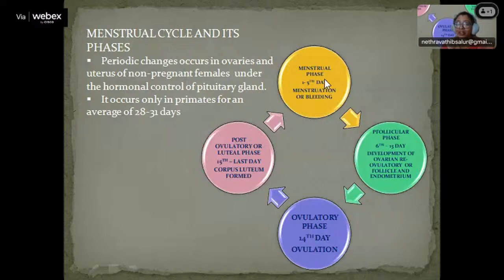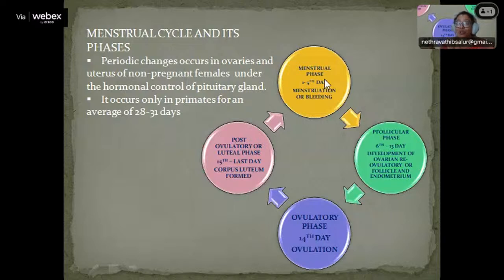Now, very important for the exam, the phases of the menstrual cycle. There are 4 phases of the menstrual cycle, that is the menstrual phase, follicular phase, ovulatory phase, and post-ovulatory phase. The menstrual phase is indicated by the shedding of the endometrium.